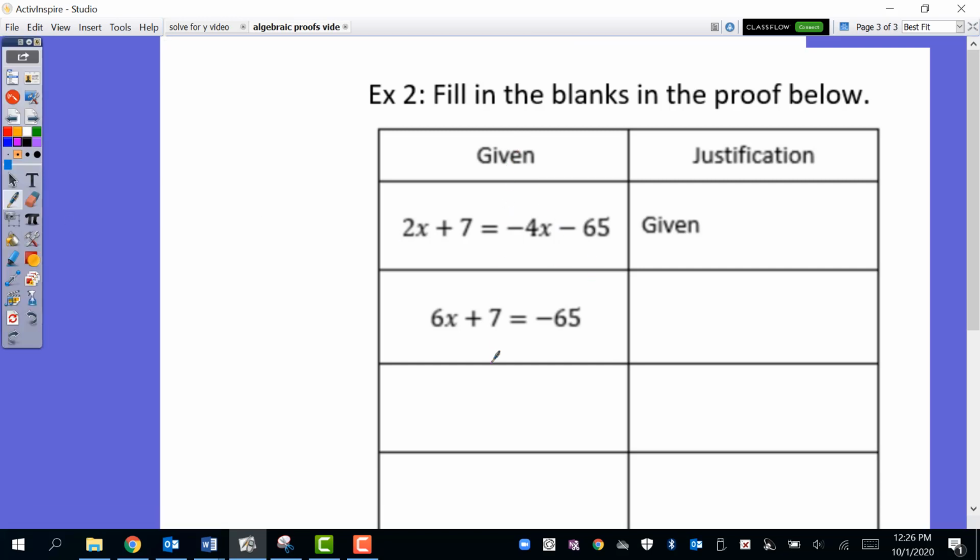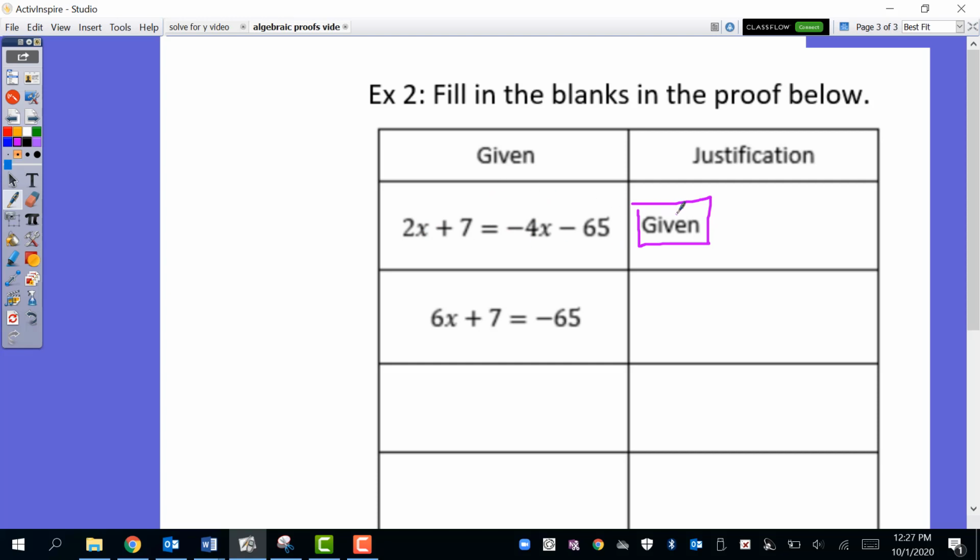There's the given column, where they're writing the equation, and then the justification. How did you know that this was what you were supposed to write there? First of all, the first justification, every single time, you always start out with given, because you know that this is true because it was given to you.